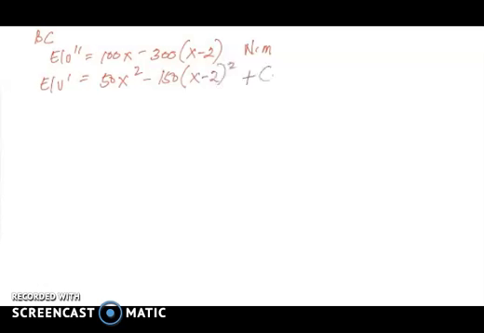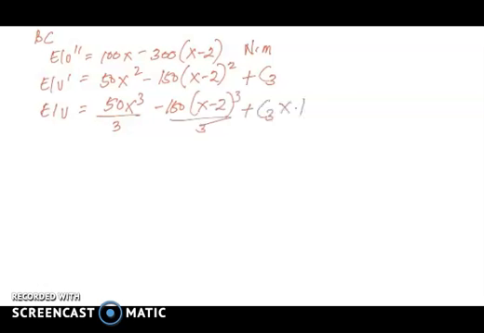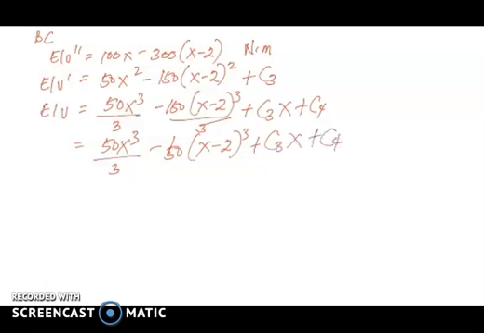Then integrating further, EI v is equal to 50x cubed all over 3 minus 150 times x minus 2 raised to the third all over 3, plus C sub 3 x plus C sub 4. So this is 50x cubed all over 3 minus 50 times x minus 2 raised to the third, plus C sub 3 x plus C sub 4. We use C sub 3 and C sub 4 for segment BC since we have used C sub 1 and C sub 2 for segment AB.